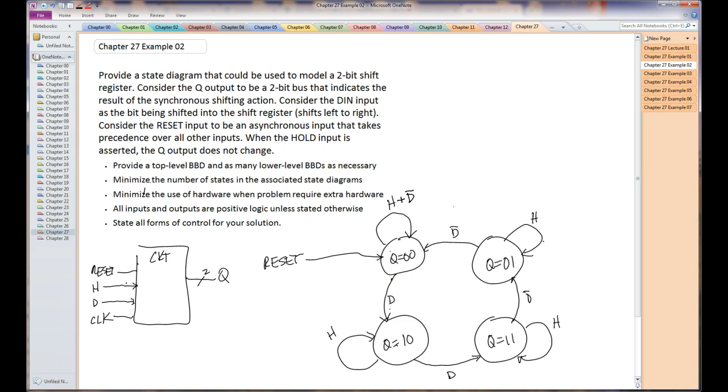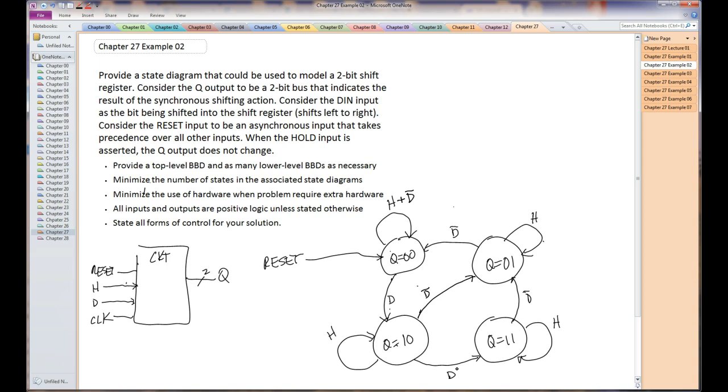So those are the 4 transitions leaving that state. In this state, I have an H leaving it. The hold keeps me in that state, but if I get a 0, which is a D bar, I'm going to go to this state. I have various arrows leaving the state. I need 4 of them, but I don't have 4.